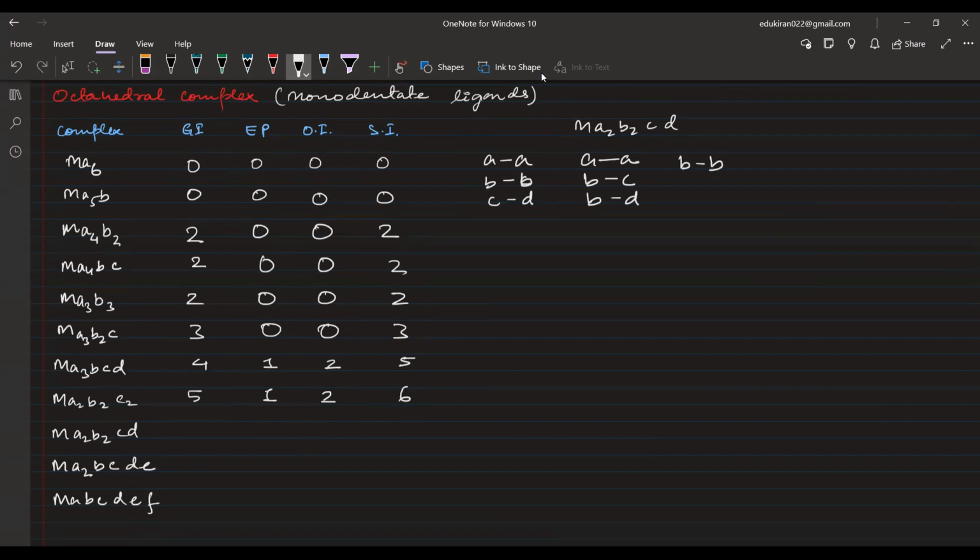In BB trans, we are going to have AC and AD. What else can we have? Let us have CD trans. Let's take one all cis. So you'll have AB, AB, and CD.